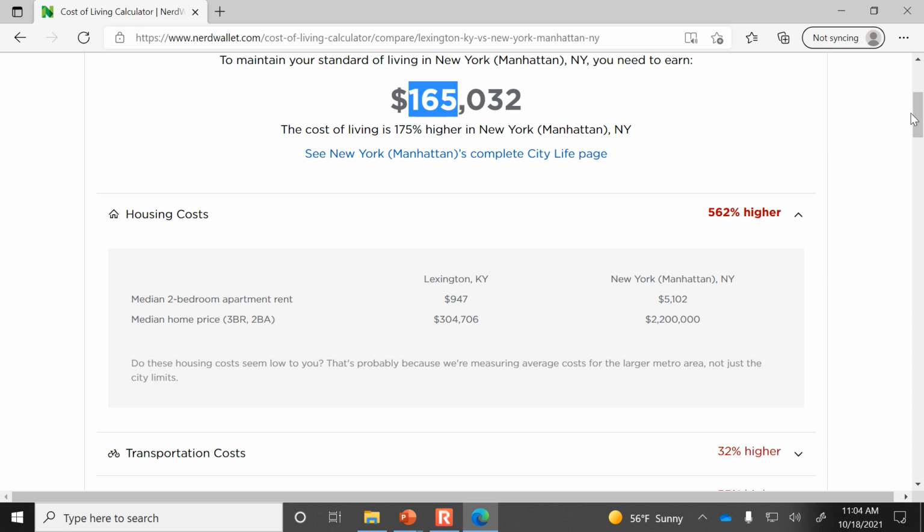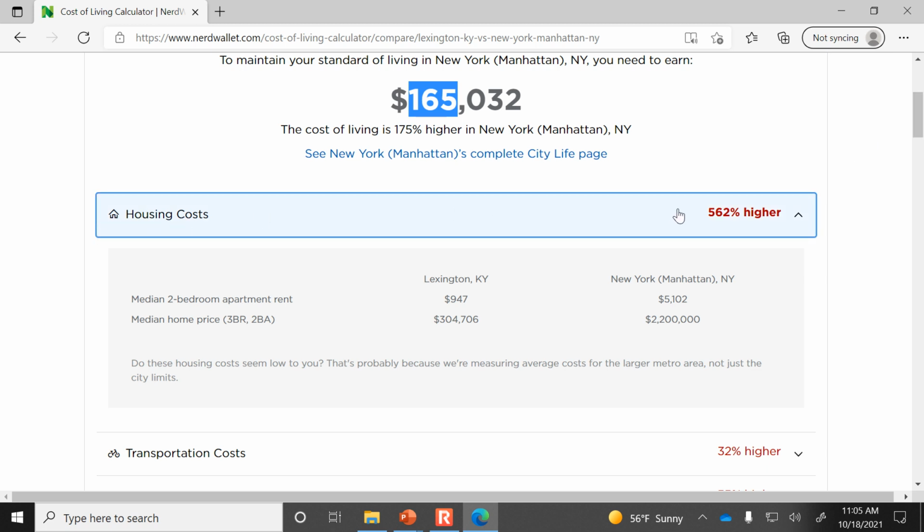Yeah, that's right. And they break it down a little bit further. Some of your stuff's going to stay the same. Netflix is what, $12 whether you live in Manhattan or whether you live in Paducah, all right? But certain things are a lot more. So housing costs here, they're saying it's 562% higher.